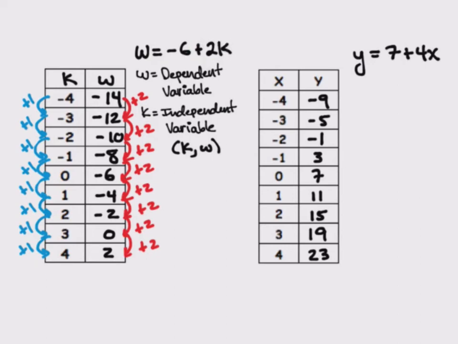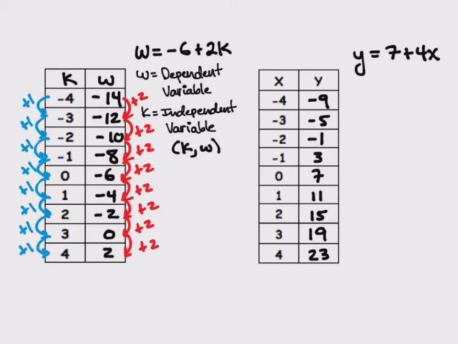That equation says w starts at -6 when k is equal to 0, and that k tells you exactly how many times to add 2 to -6. So if k is 1, add 2 one time to -6, you get -4. If k is 2, you add 2 two times to -6, you get -2. If k is 3, you add 2 three times to -6, and you get 0, and on and on.